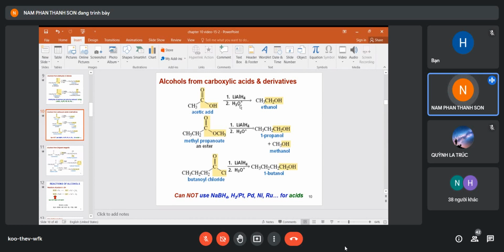Again, in this hydride the hydrogen is negative, -1, and we have a nucleophilic addition reaction. Lithium aluminum hydride is the only reducing agent we can use to reduce carboxylic acid, ester, and amide. I will tell you something about amide later. But anyway, take note, everyone.